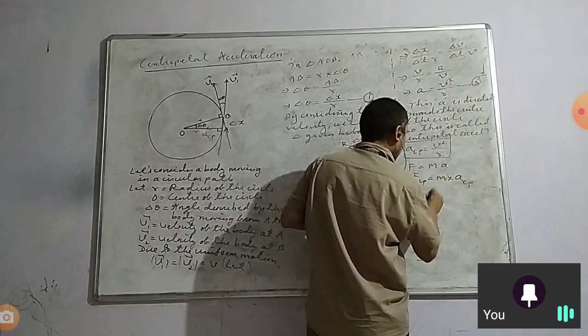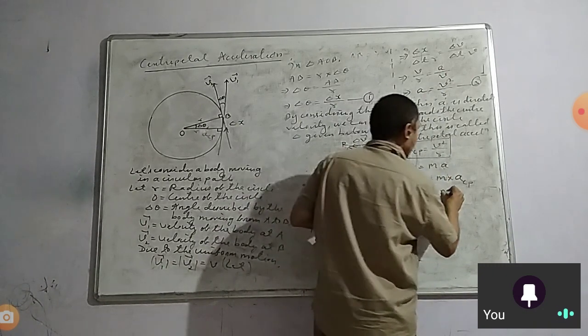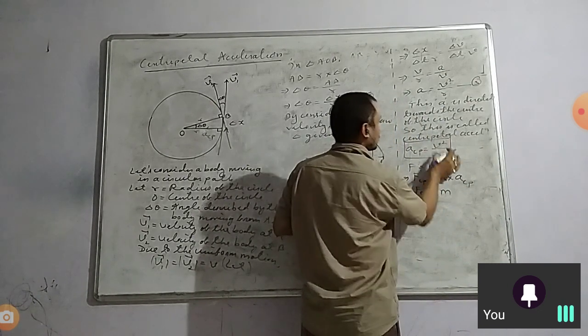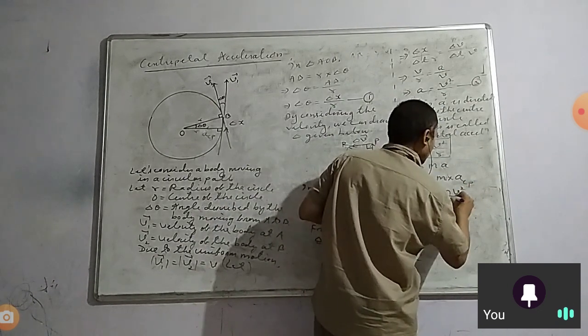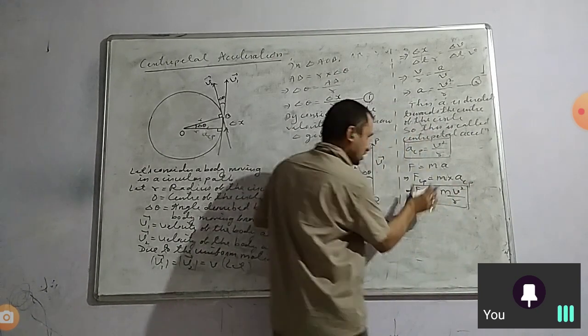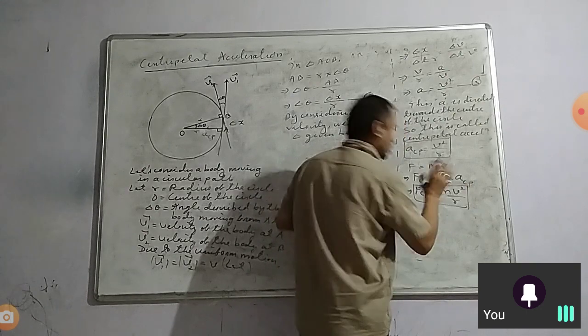So centripetal force is equal to mass into v square upon r. In this way we get centripetal force equal to mv square upon r.